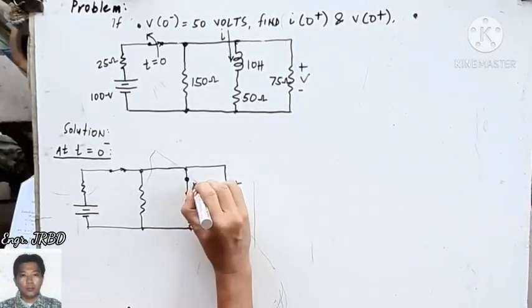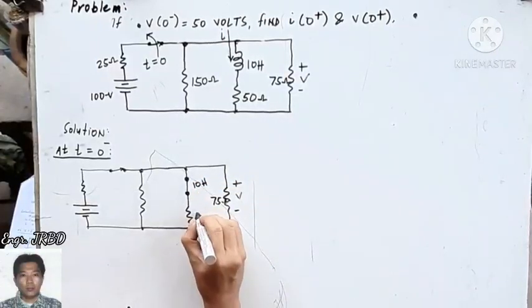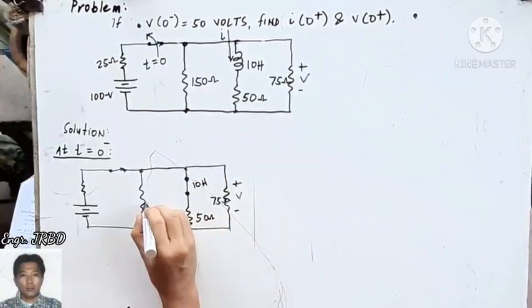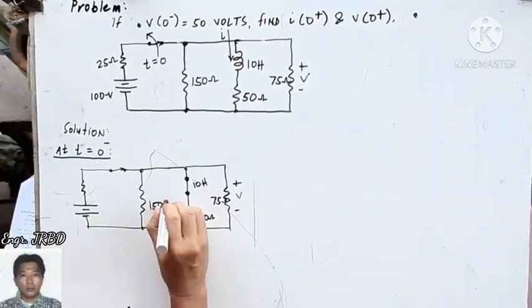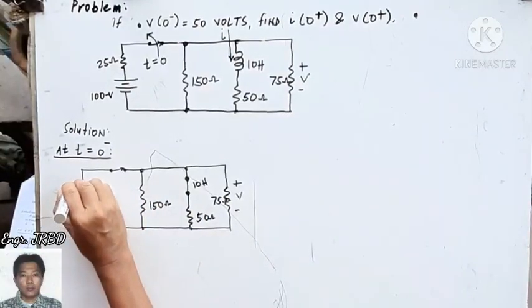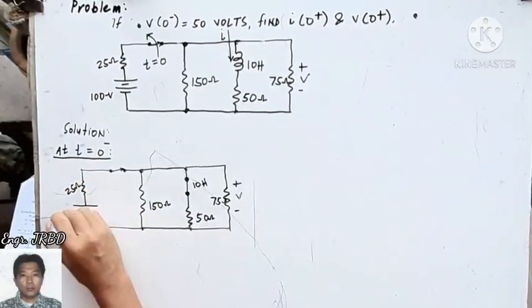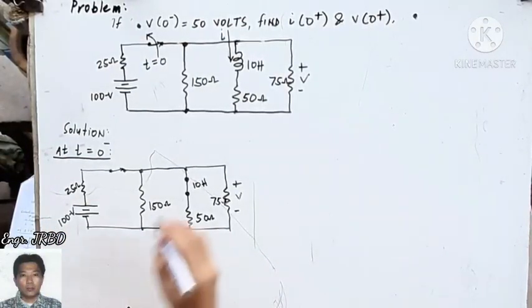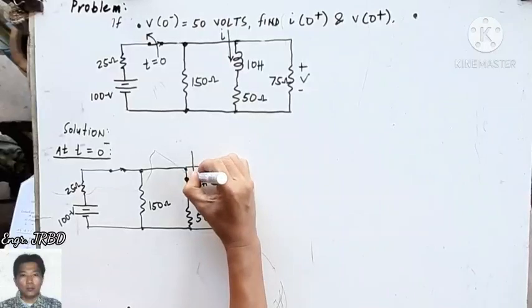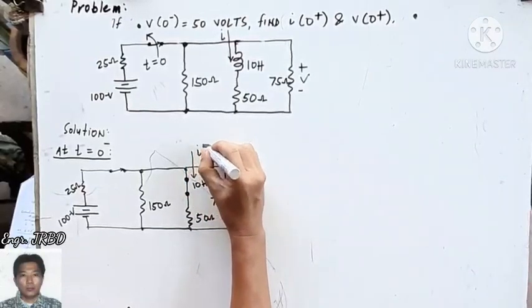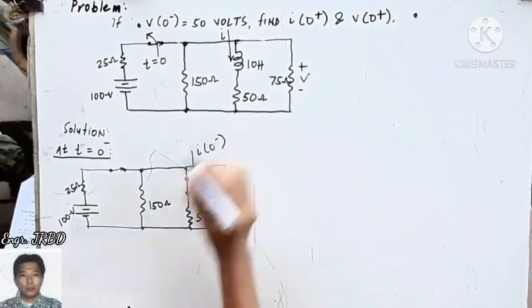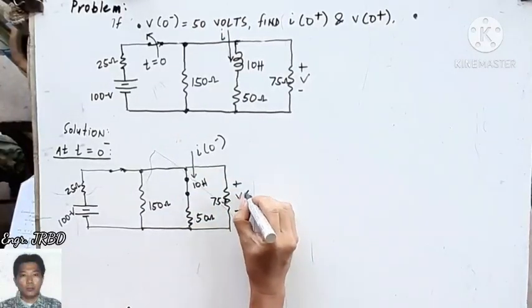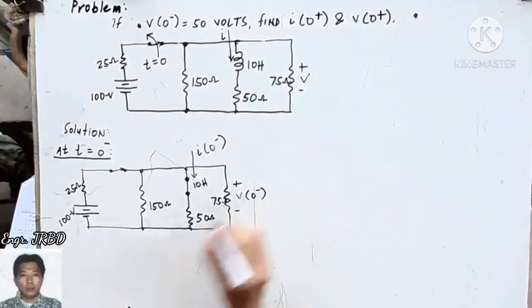This is your 10 henry, 50 ohms, 150, 25, and 100 volts. This is your I at time t = 0 negative. This is your V at time t = 0 negative.